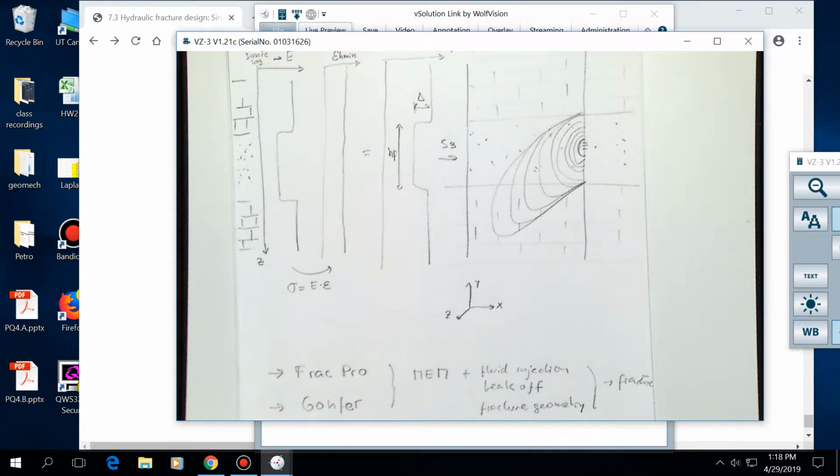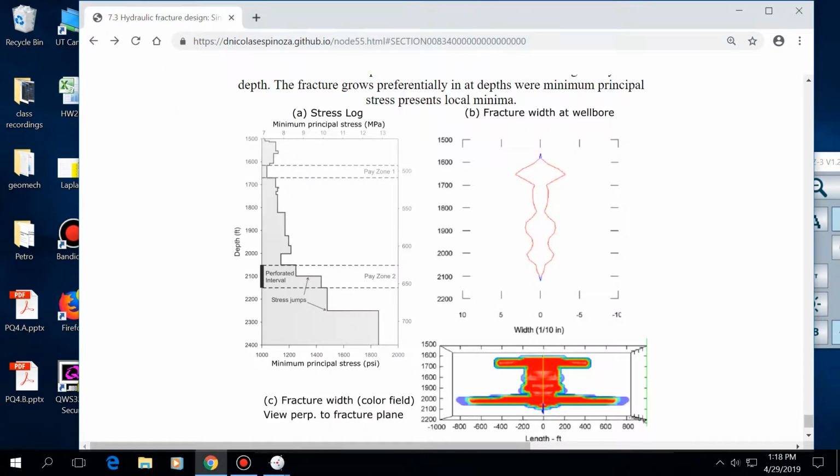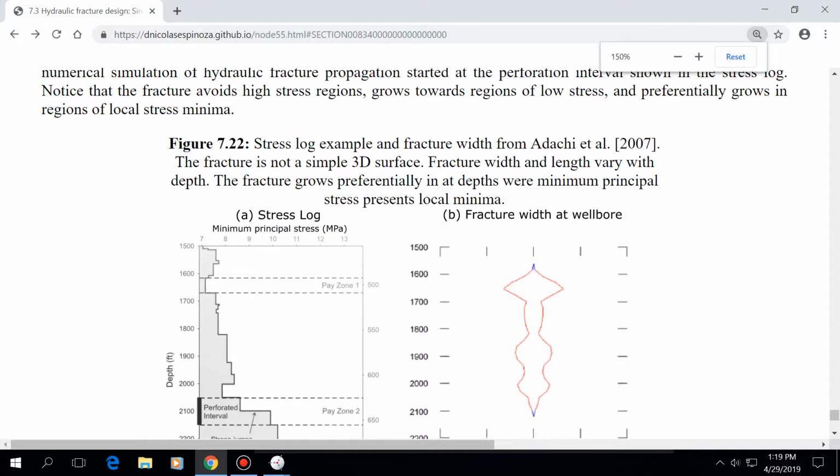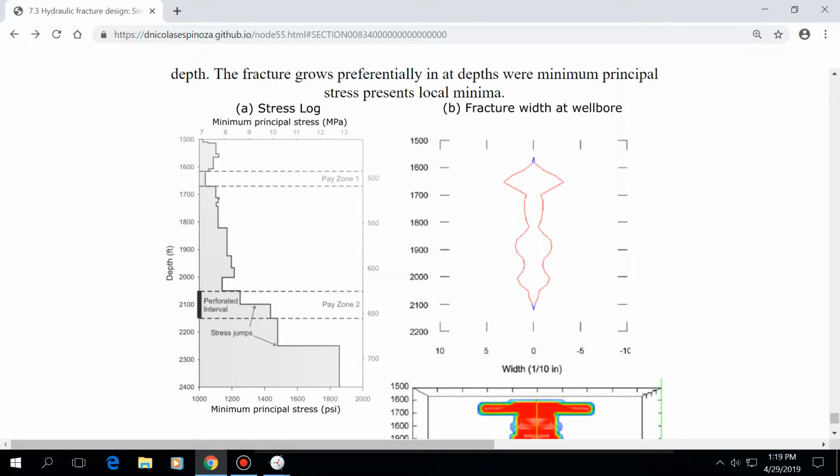And here I have one example of the results that you will get from such a model. The first image is the stress log, and notice in this case how that varies with depth.